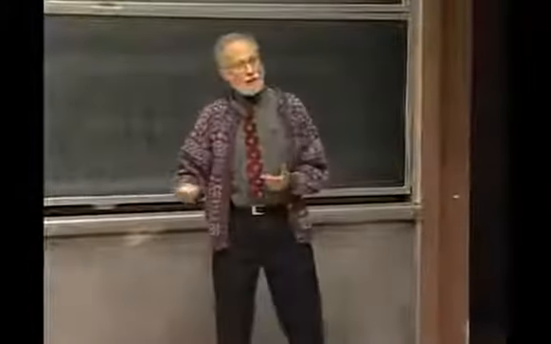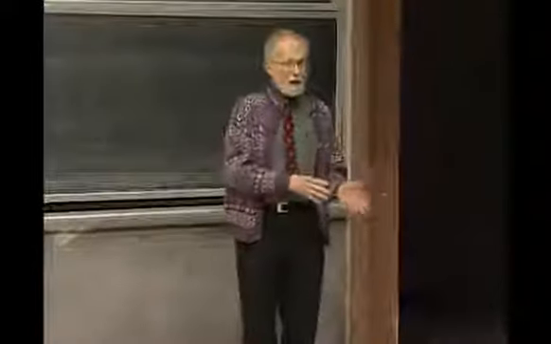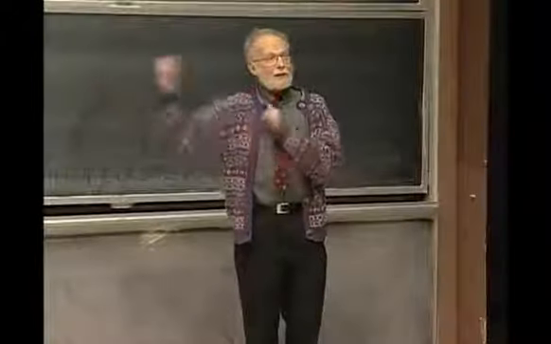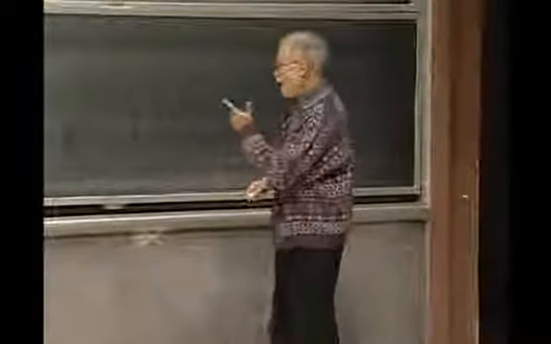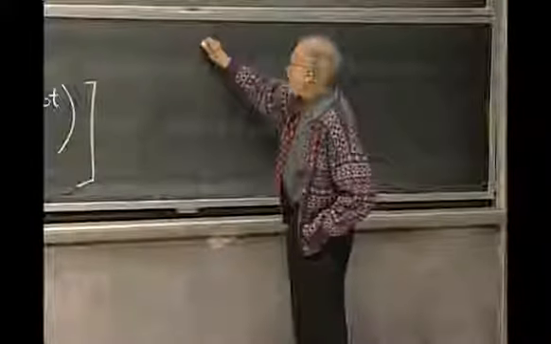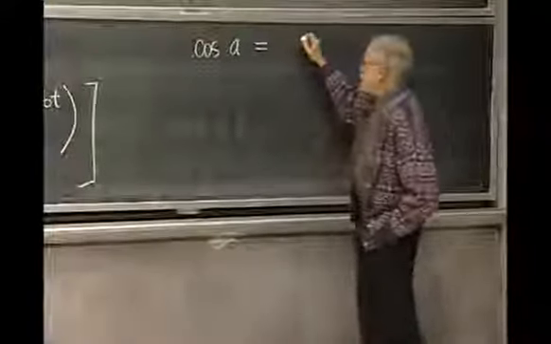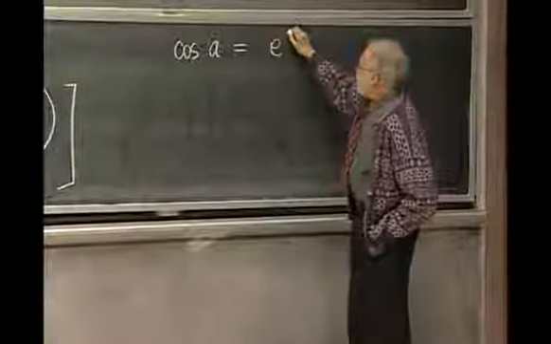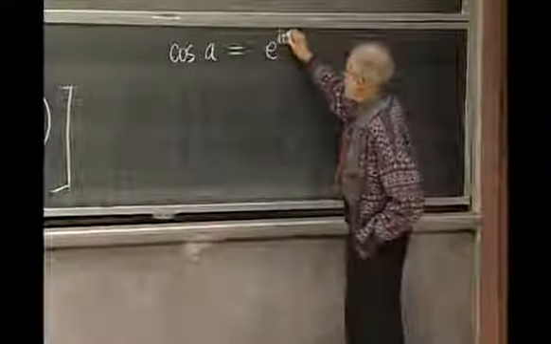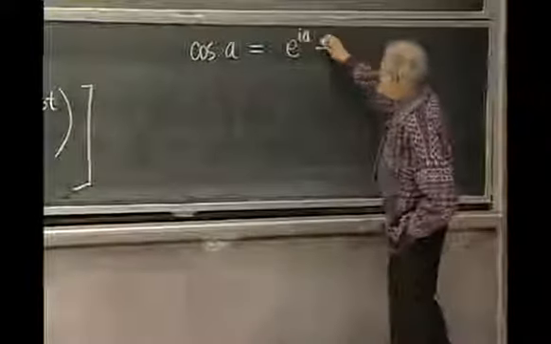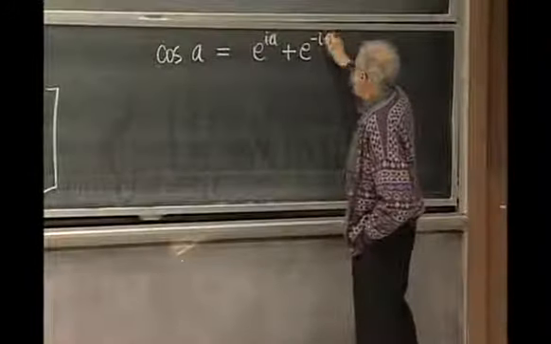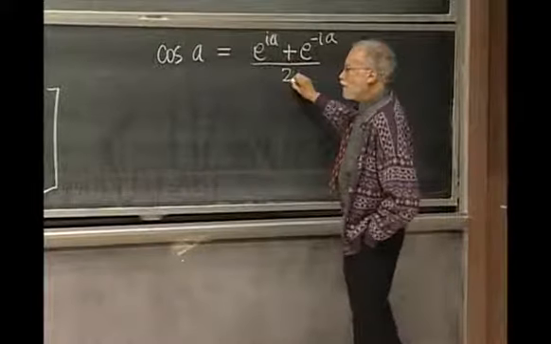The backwards version says you have a sine or a cosine, here's how to write it in terms of complex exponentials. And remember, the way to do it is: cosine A is equal to e to the iA plus e to the negative iA, divided by 2.